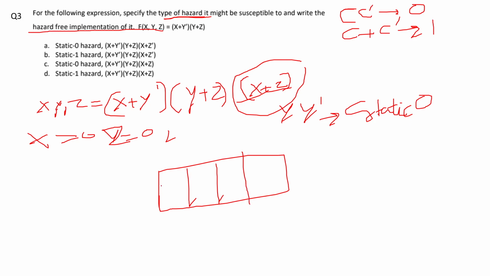First we found that for input combination x equal to 0 and z equal to 0, this was a static 0 hazard. Now we have x, y, z. Here I'm writing down product of sum, so I'll just write down the zeros. x plus y complement: x is 0, y complement means 1, so it's here.